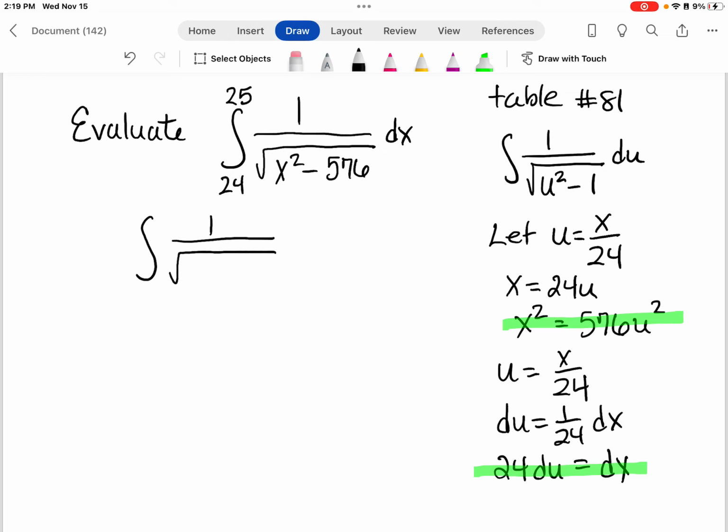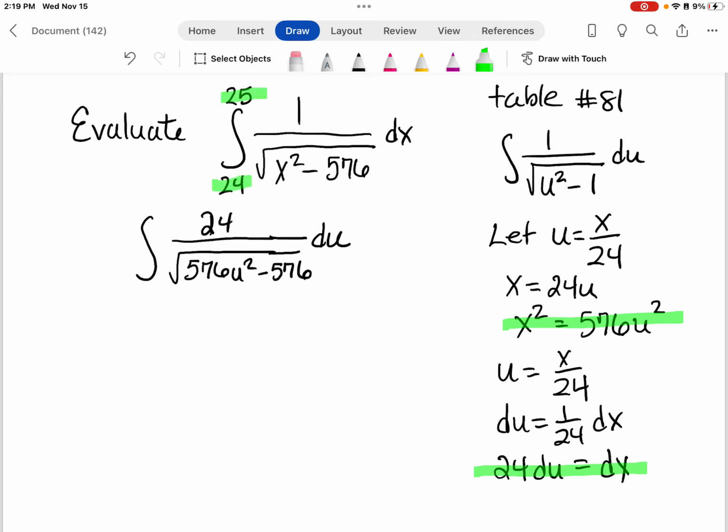So I'm going to have 1 over the square root, and we said that x squared was going to be 576 u squared. And then I have minus 576. And to replace dx, we got that down here as 24 du. So this is going to become 24 du.